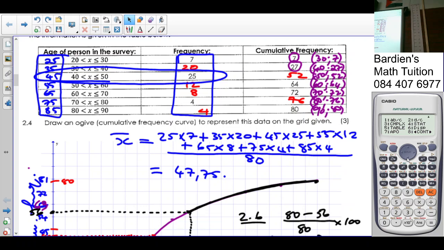You see the stat? There, number 4. The frequency must be on. So it looks like nothing happened. You go mode, stat, 1 for variance. Again mode, stat, variance.